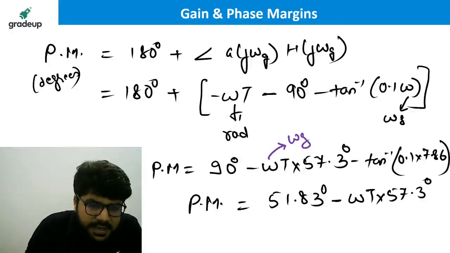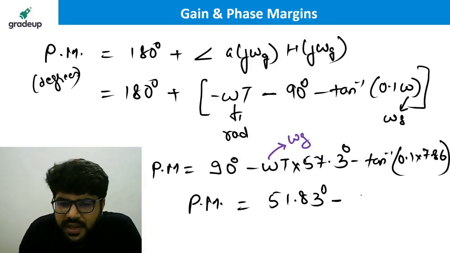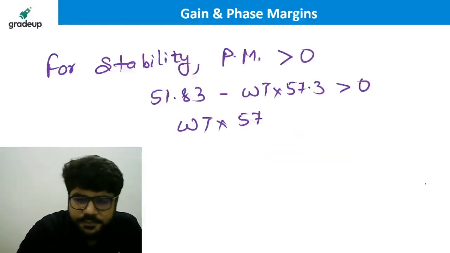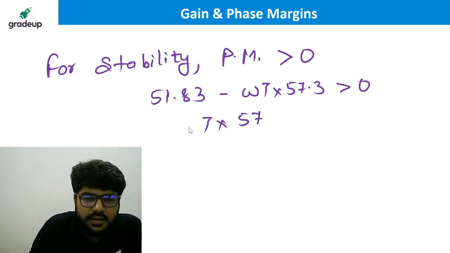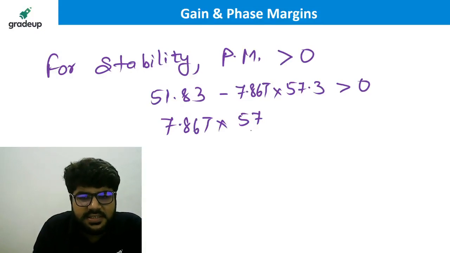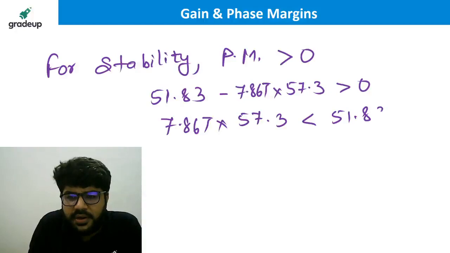So let me replace it here only. This is omega replaced by omega g, 7.86, t into 57.3, which should be less than 51.83.